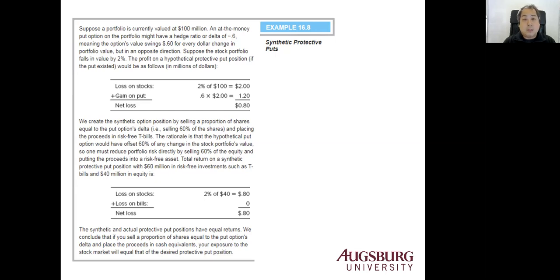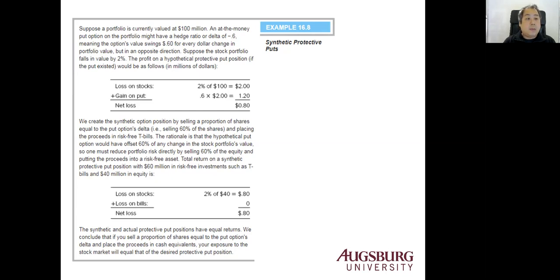Always, a put option delta should be negative. A call option should be positive because the slope will be positive for a call option and negative for a put option. It means the option's value swings $0.6 for every dollar change in portfolio value. That's what delta means. Opposite direction because it's negative, right?